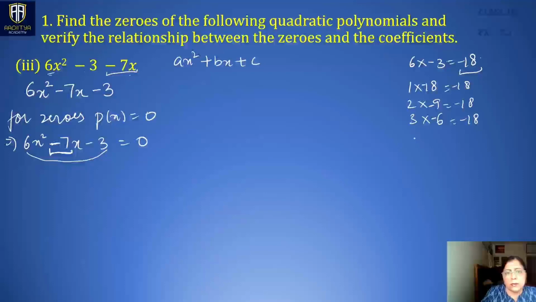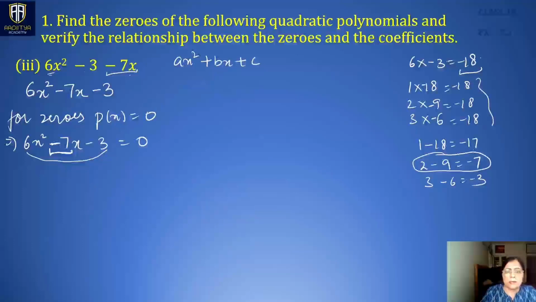The sum of 1 and minus 18 is negative 17, 2 and negative 9 is negative 7, 3 and negative 6 is negative 3. You require negative 7 as the sum, so we get 2 and minus 9 as the factors.